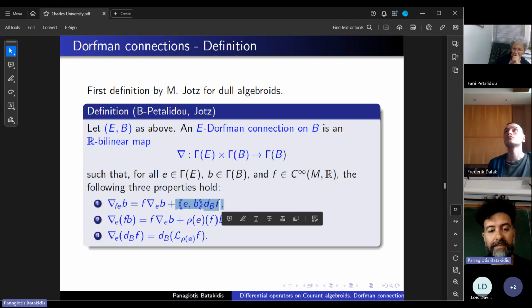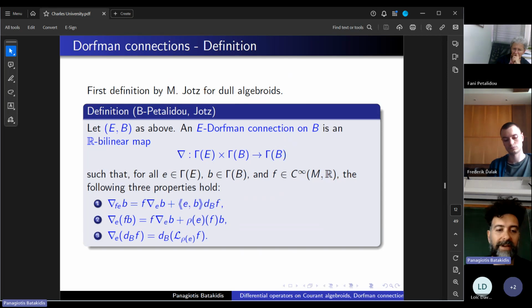This term here tells you the symbol. Again, if you think of this as a first order differential operator, if it's not linear, it's first order, and this is the symbol. And the third condition you can think of as some stability condition, that it stabilizes the image of DB in a sense. But it's also necessary actually. It has a purpose for being there.